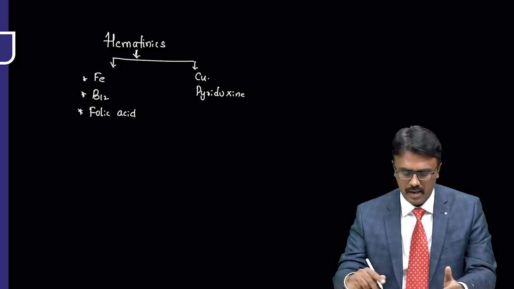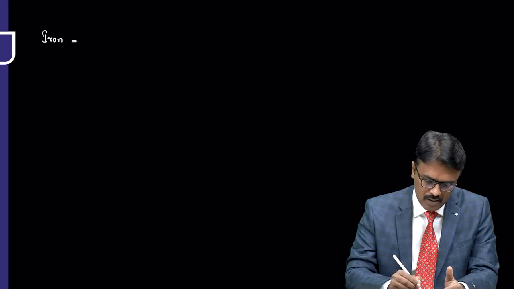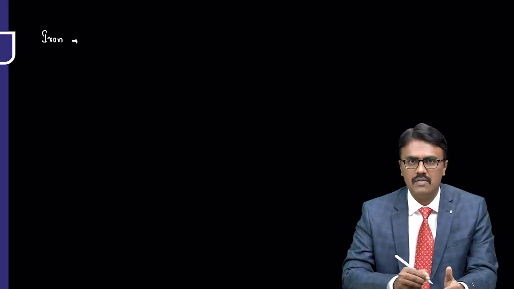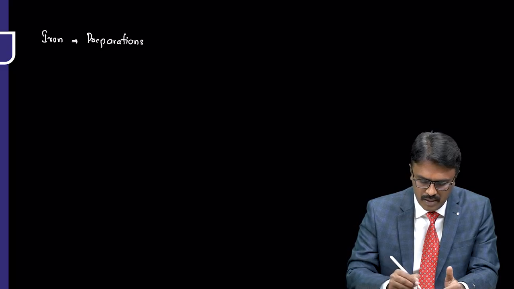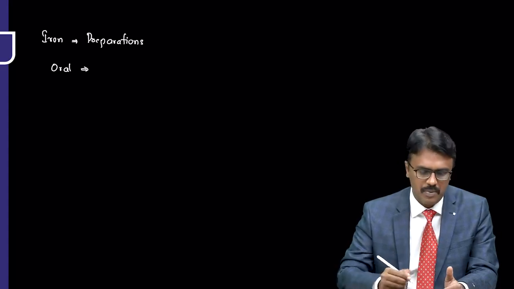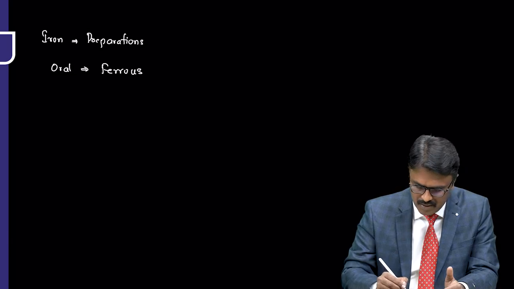First of all, let us take iron. You need to understand the preparations of iron, what we give as drug. First of all, we can give iron as an oral drug. The oral preparations are ferrous sulfate.